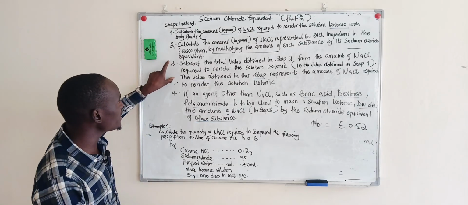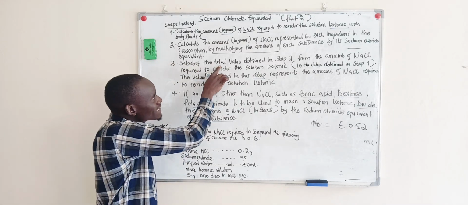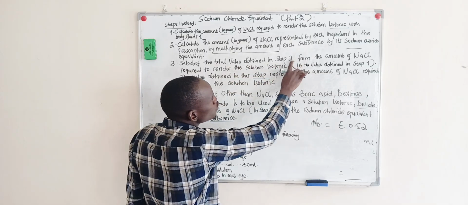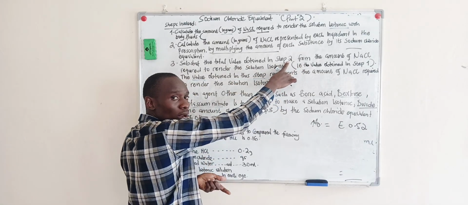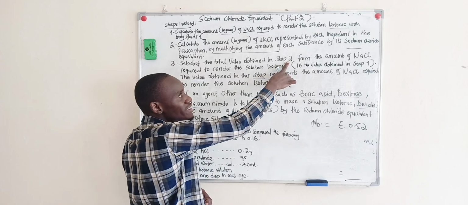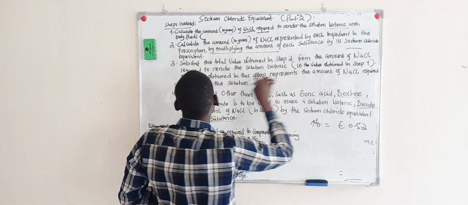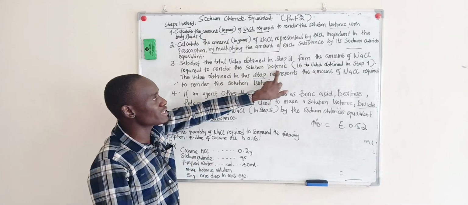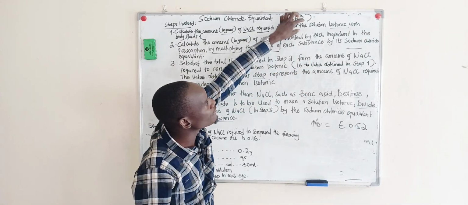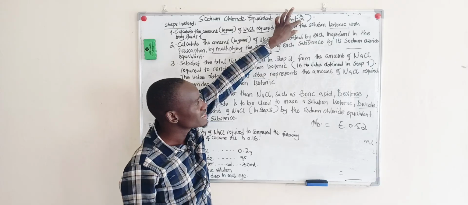Then in step 3, we shall subtract the value obtained in step 2, the amount of sodium chloride equivalent represented by each ingredient, from the amount of sodium chloride required to render a solution isotonic, that is the value we obtained in step 1.